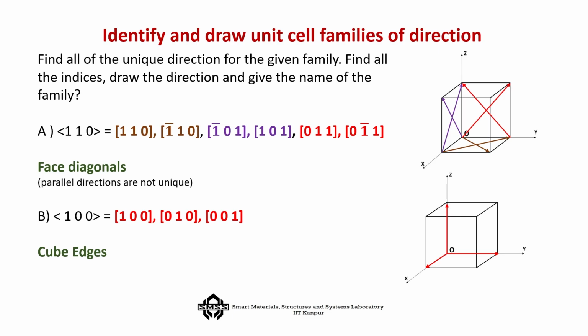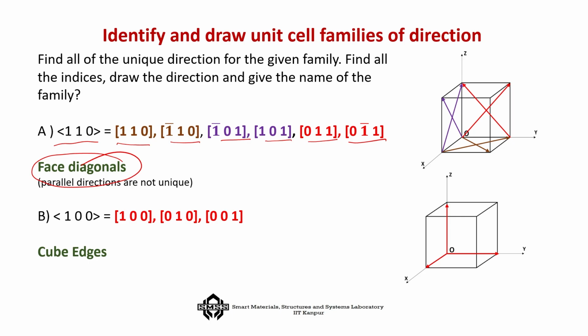Now, suppose I give a problem on the family, like identify and draw the unit cell families of direction 1 1 0. Then you have to find out all the variations first, and then draw each one of them inside the unit cells. The answer would be the face diagonals, which means 1 1 0 always means the face diagonals in each of the faces.